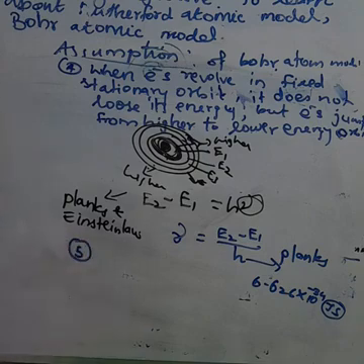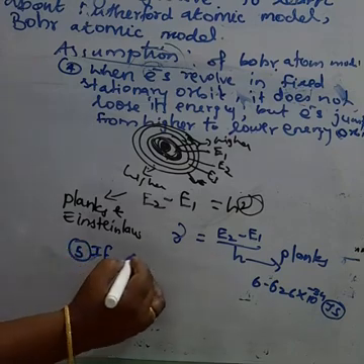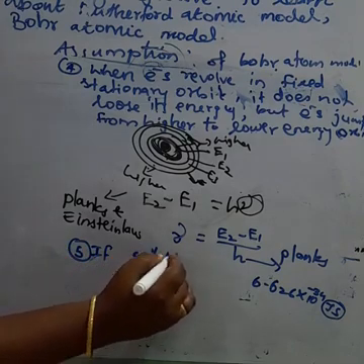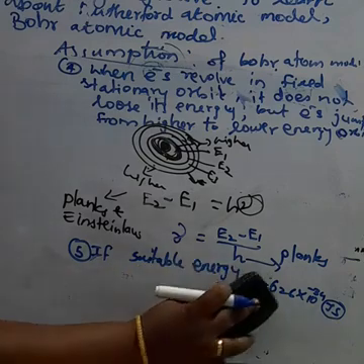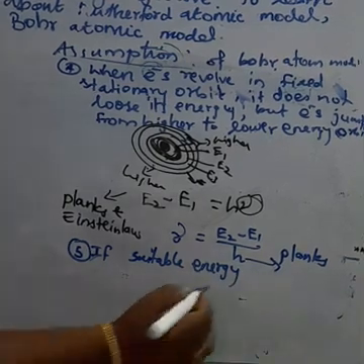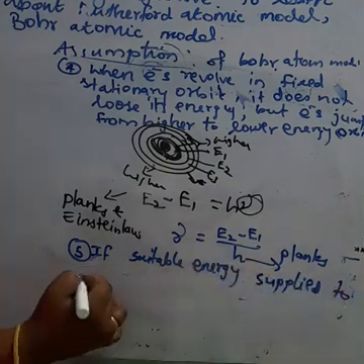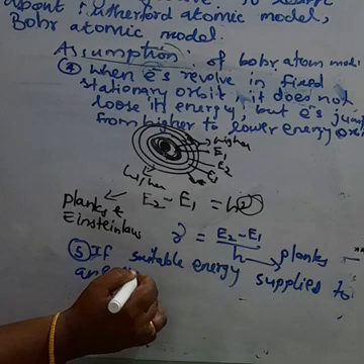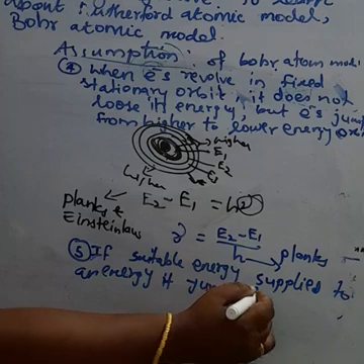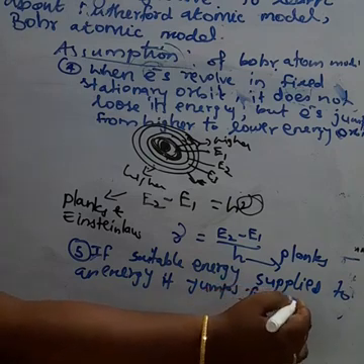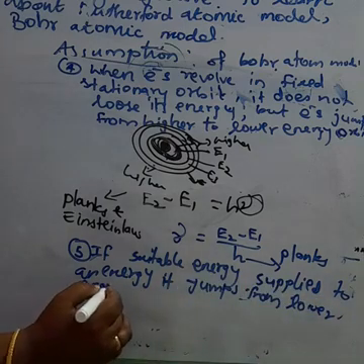If suitable energy is supplied to an electron, it jumps from a lower energy orbit to a higher energy orbit.